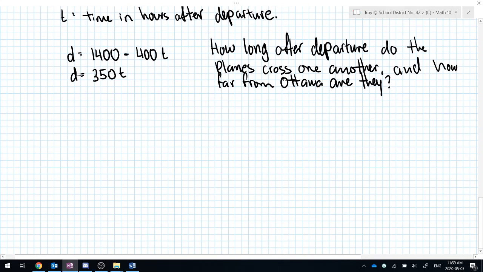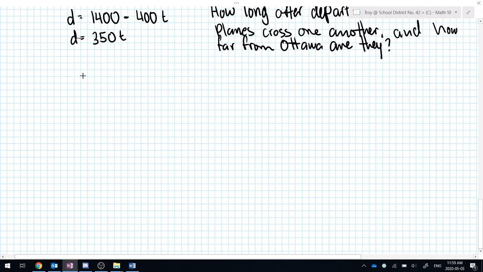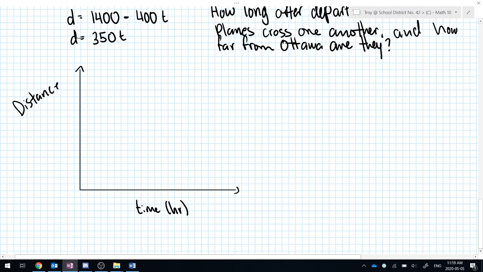Okay, so both those functions are in slope-intercept form, so we can just graph it. What we're going to be doing is this is going to be the time in hours, and this is going to be distance from Ottawa in miles.